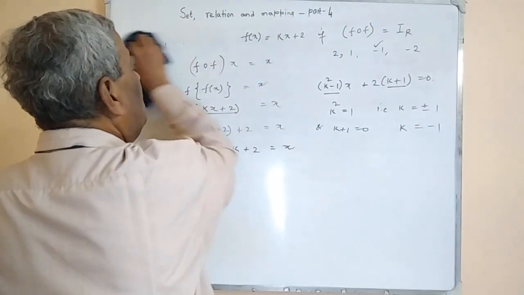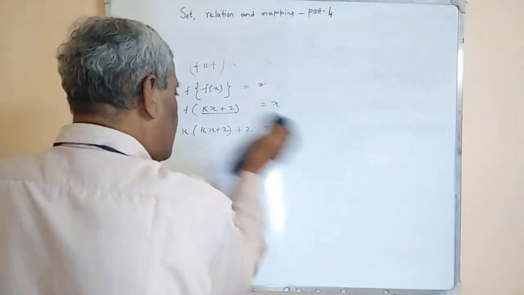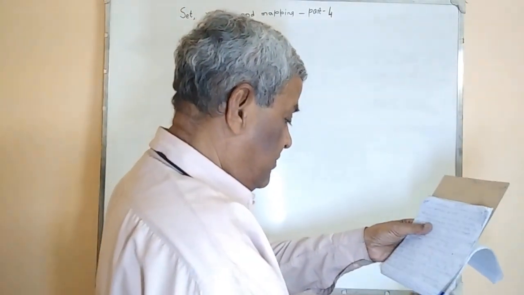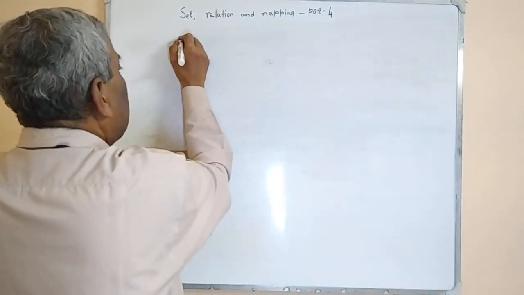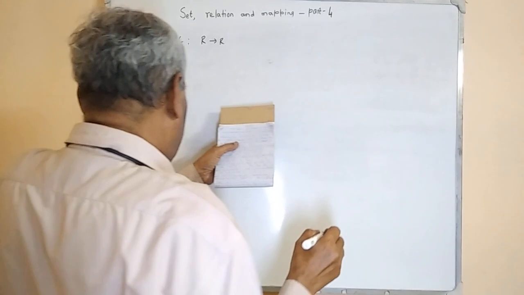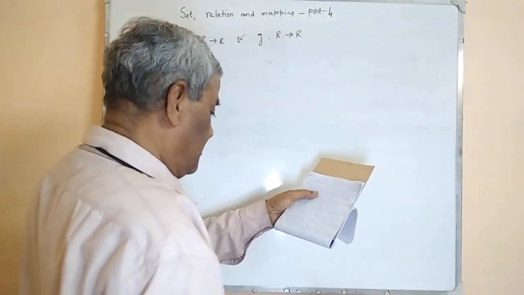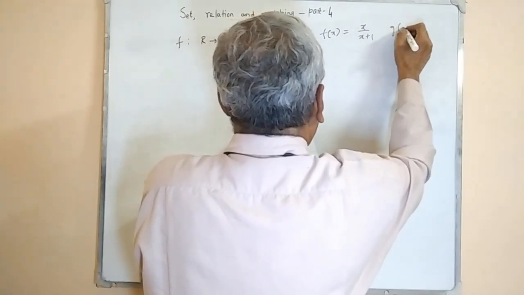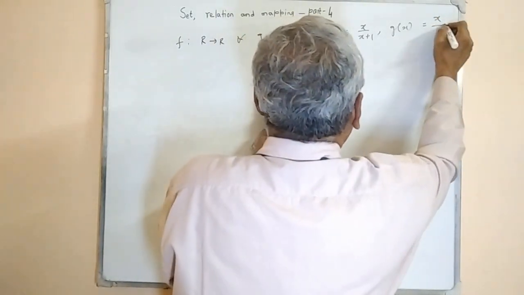Now, next problem. Next problem is this: f is a function from R to R and g is another function from the same R to R, where f(x) is x by x plus 1 and g(x) is equal to x by 1 minus x.